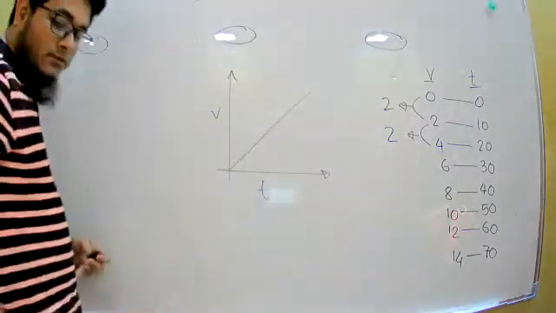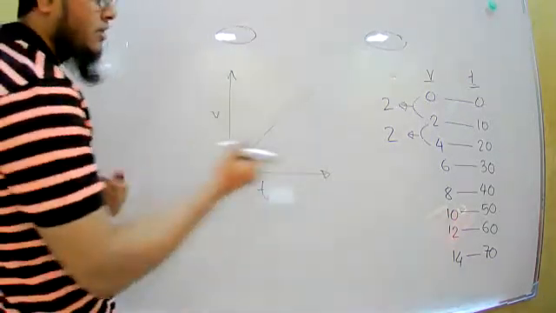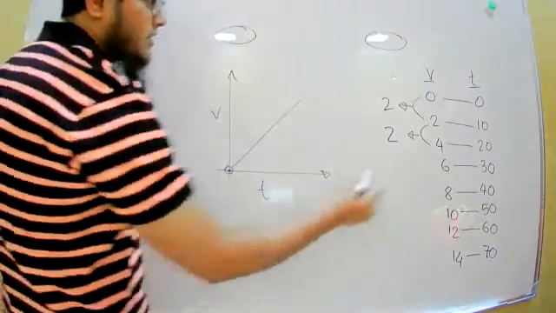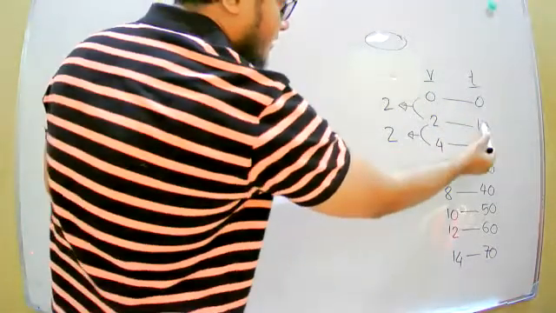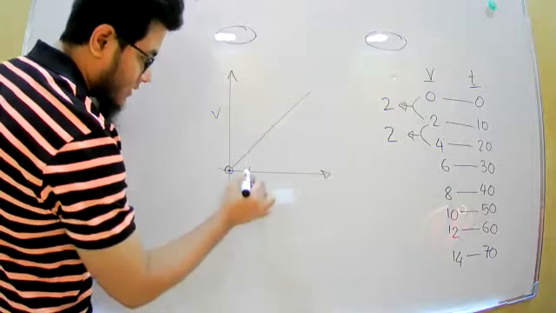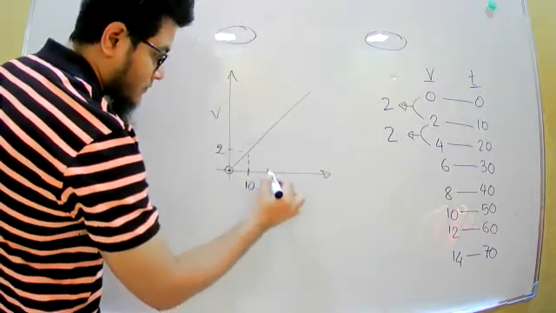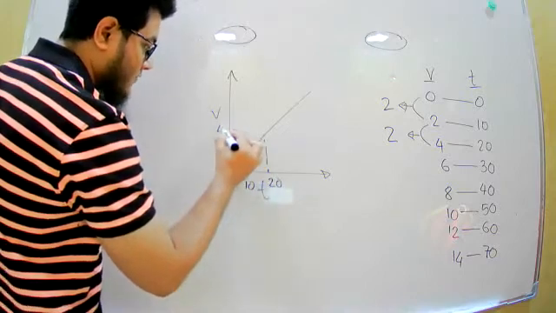If I put the values over here, the first point is 0, 0. The second point is t equals 10. For 10, it is going to be 2. For 20, it will be 4.